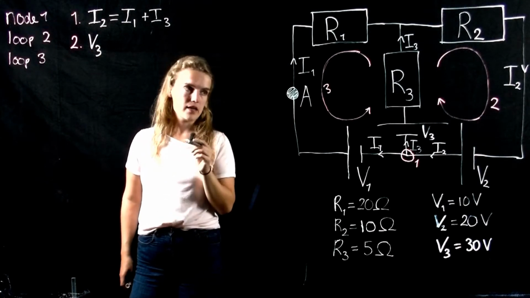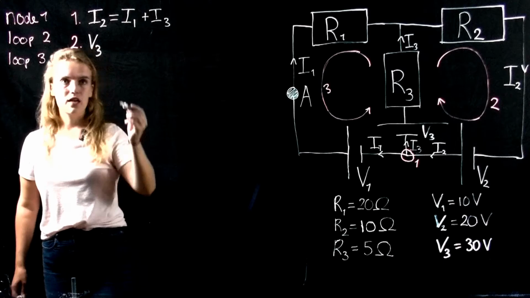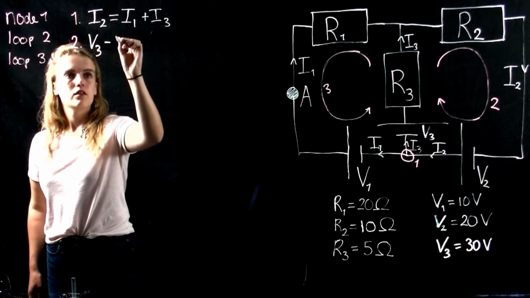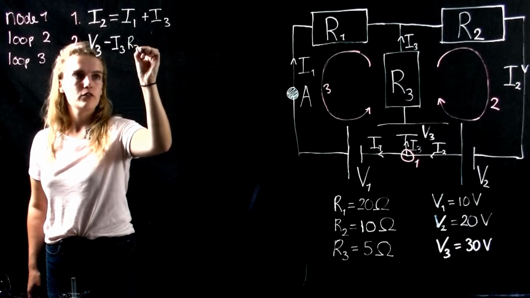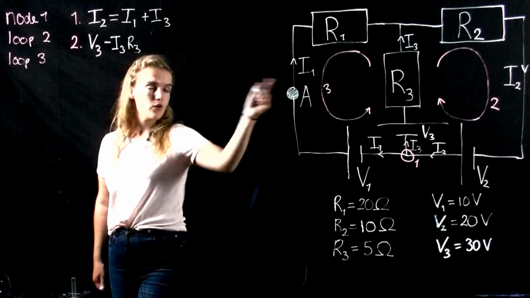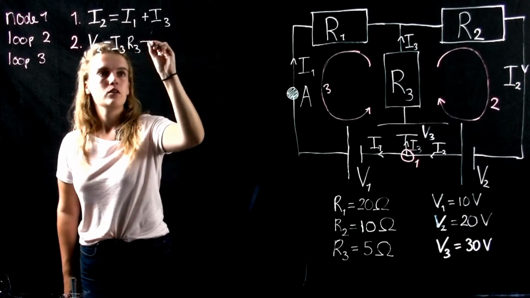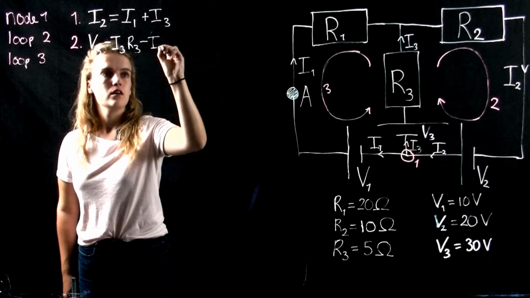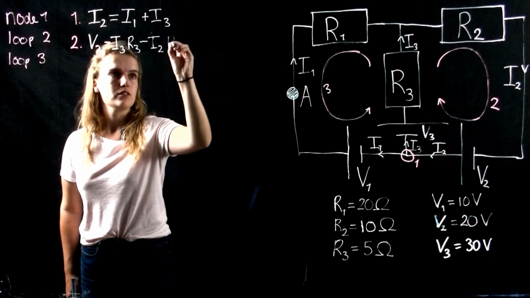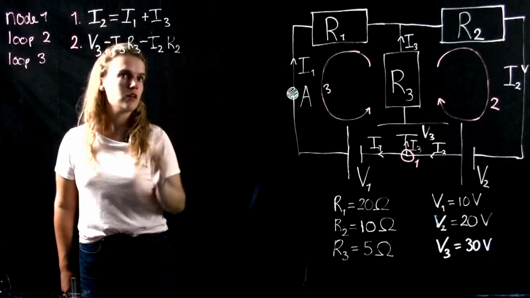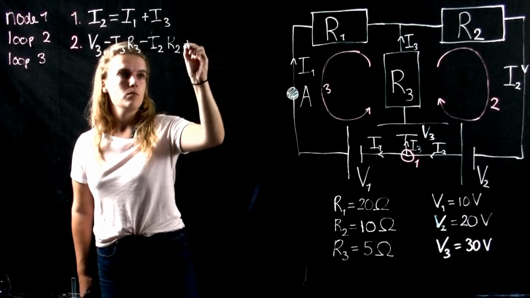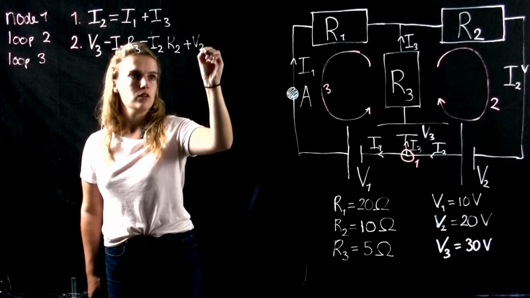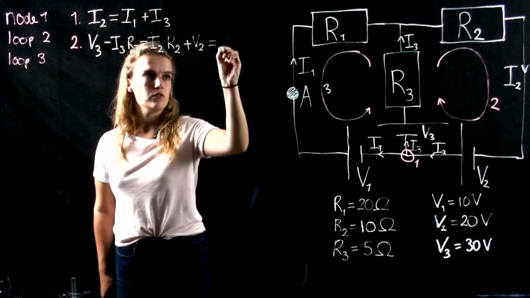We have to use a minus sign because it is dissipation and not added up. Minus I3 times R3. The same goes for R2. Minus I2 times R2. And then again add up for V2, plus V2. And this is equal to 0.